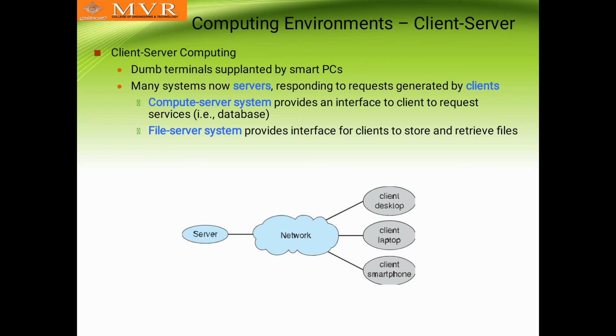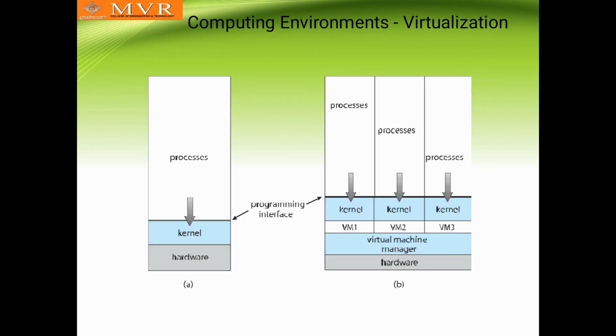See here, the server is used to connect to the internet or network, and client desktops, client laptops and smartphones, whatever the devices, are used as computers that are connected to the server. So the client-server model happens here.